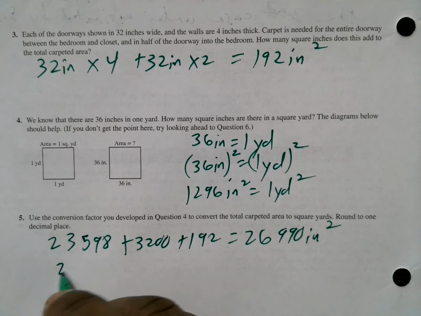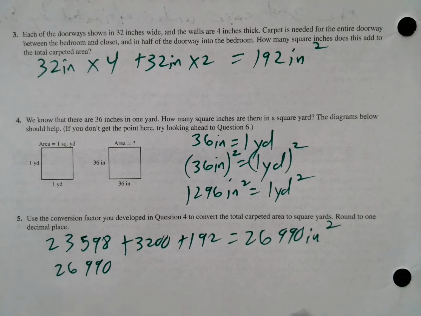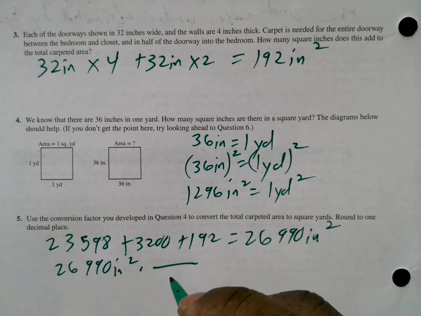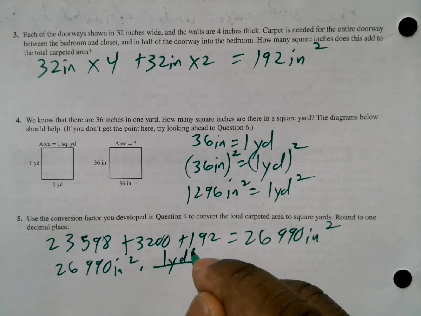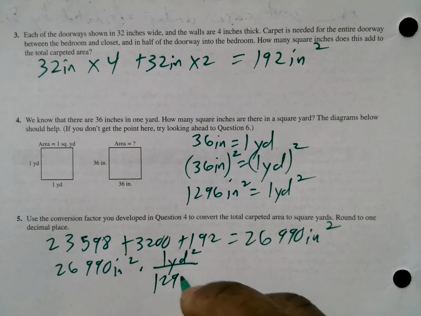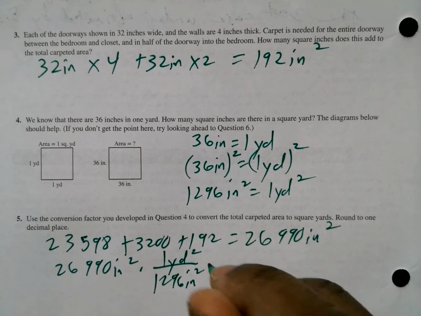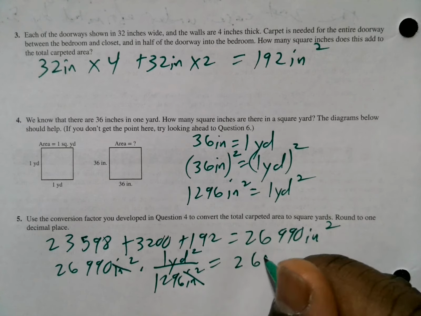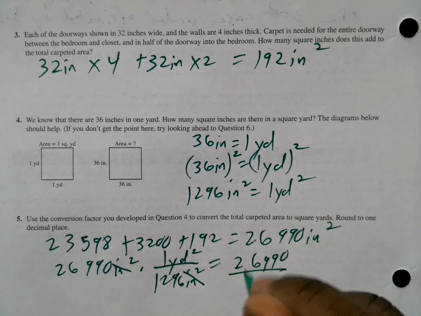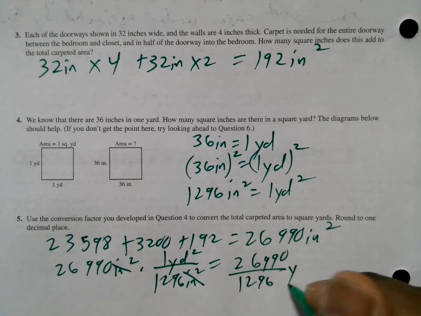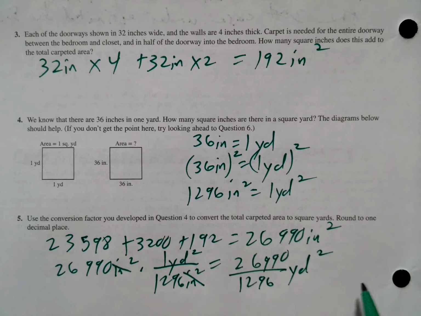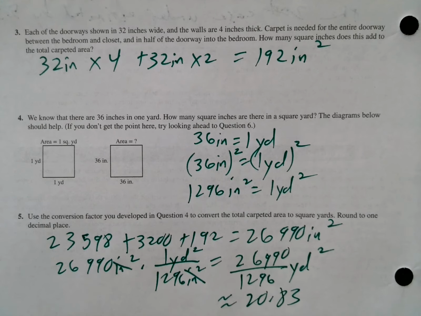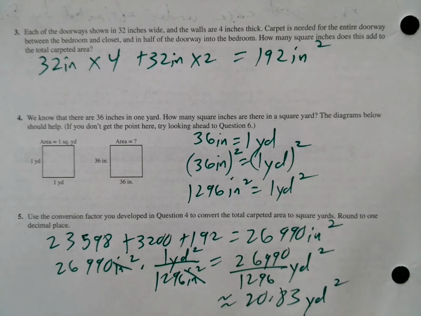So we would take our 26,990 square inches, and we could use this conversion factor here. We would have 1 square yard all over 1,296 square inches. The square inches will simplify out. It'll be 26,990 over 1,296 square yards. And that would give us an approximate answer after rounding to 2 decimal places of 20.83 square yards.